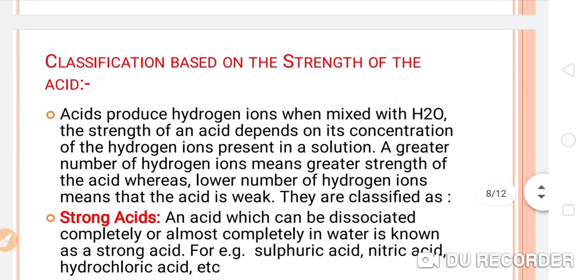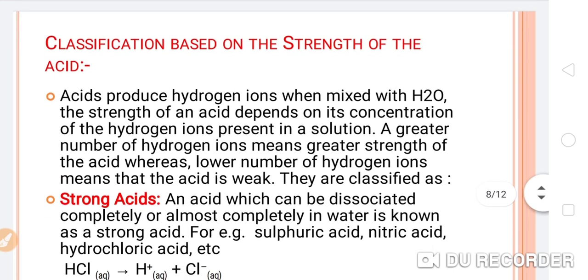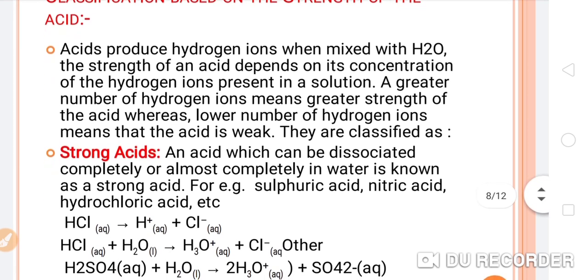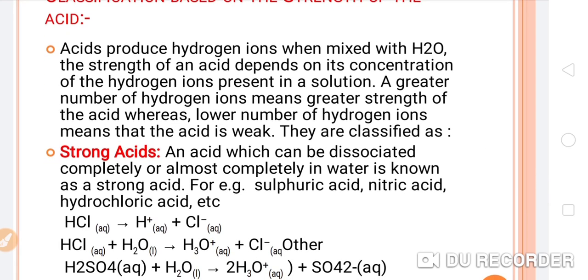Now next classification, that is classification based on the strength of the acid. Acids produce hydrogen ions when mixed with water. The strength of an acid depends on the concentration of the hydrogen ions present in solution.